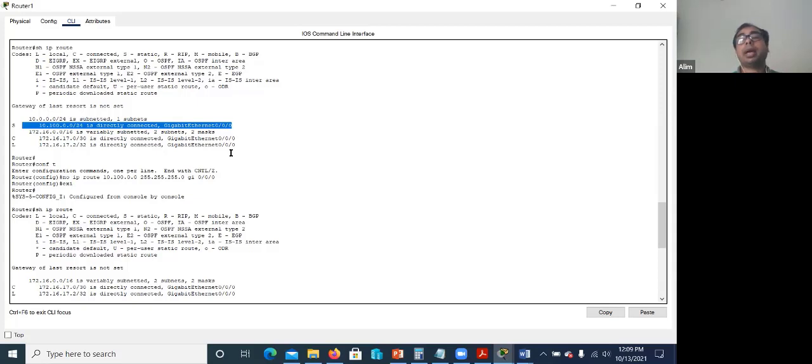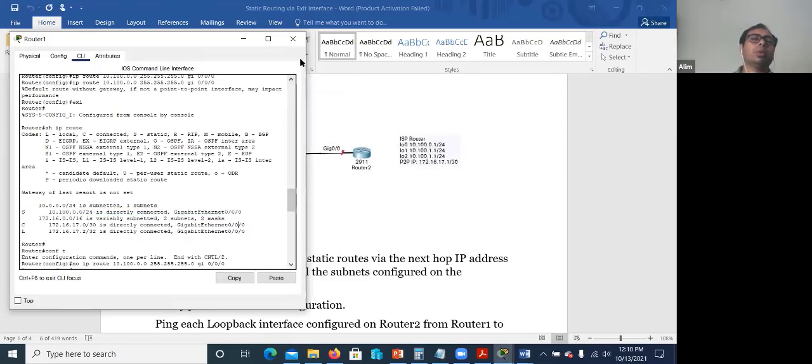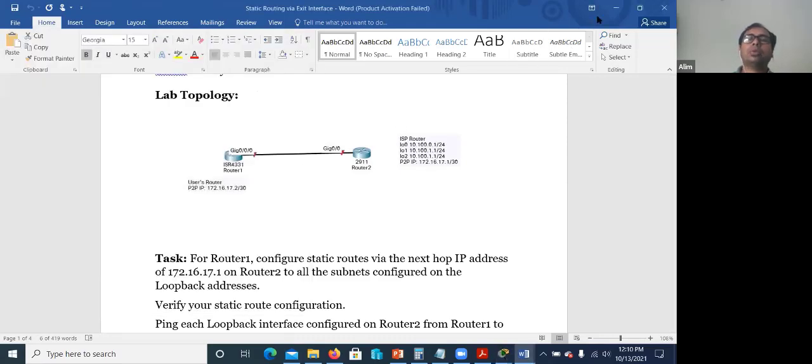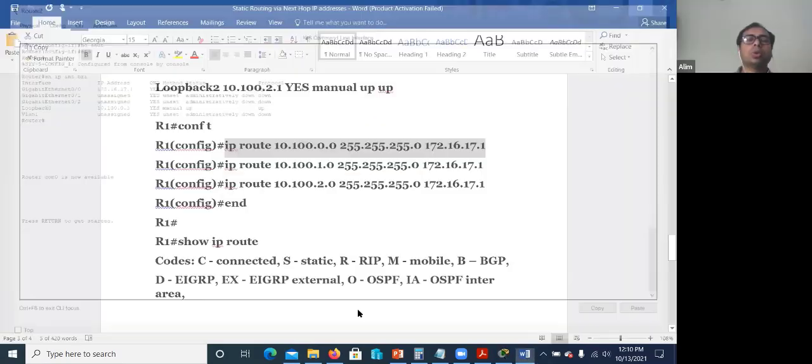If you specify the IP address of the next hop and the next hop IP address is changed, then you have to change your IP route command. This is the difference. Okay. So this is one way. In two ways we can do it in our labs. Let's go to another lab.